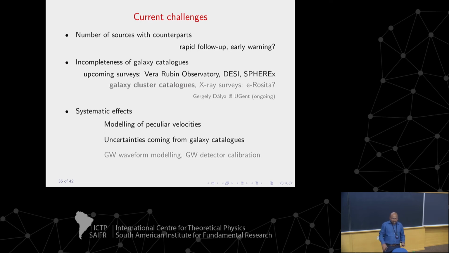There are also some prospects of using not galaxy catalogs, but catalogs of galaxy clusters. Of course, we would not have very precise redshift measurements, but given our gravitational wave uncertainties, the way galaxy cluster catalogs trace the underlying matter distribution may be sufficient for cross-correlating with gravitational wave distance observations.